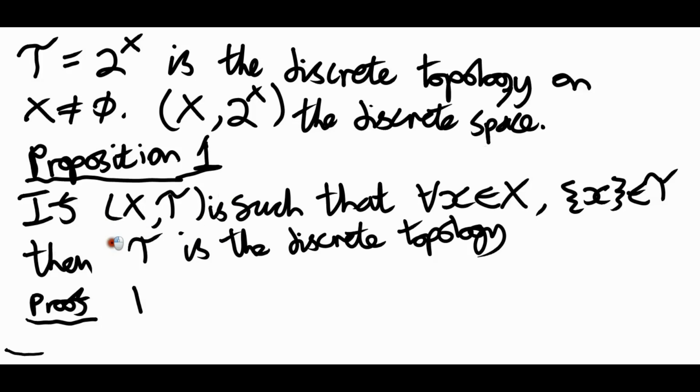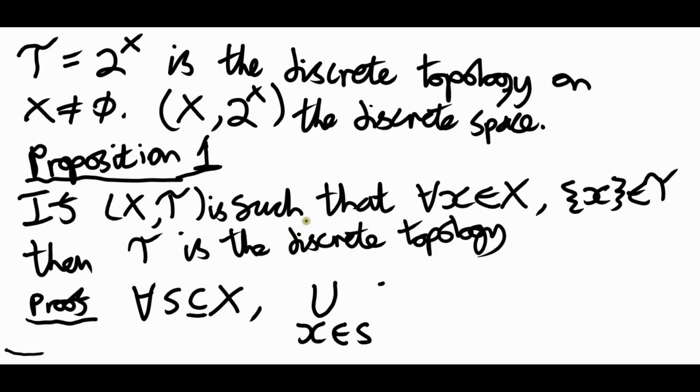So let's just take some generic subset S of X. And now we can write that as the union over all the elements x of S of the singleton {x}.